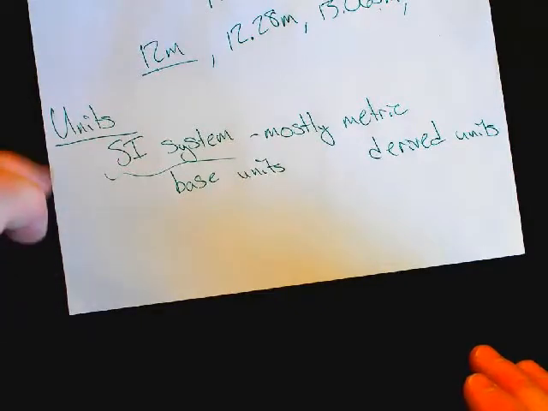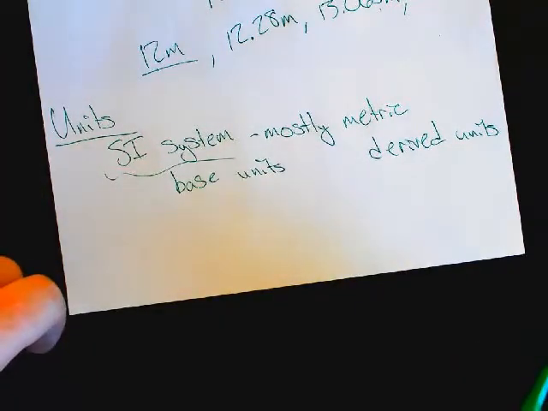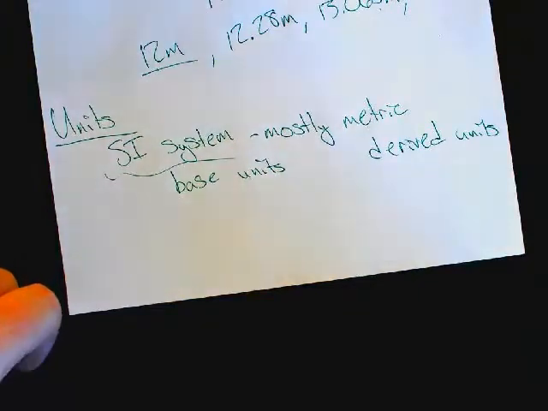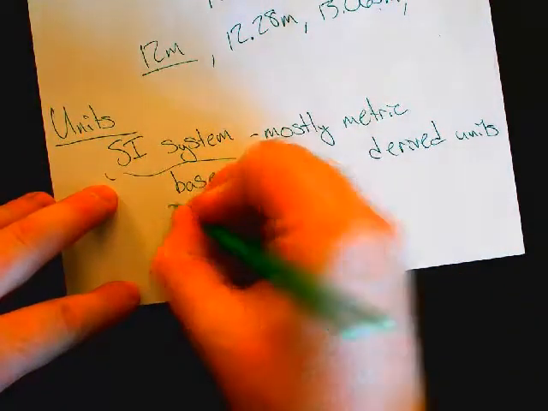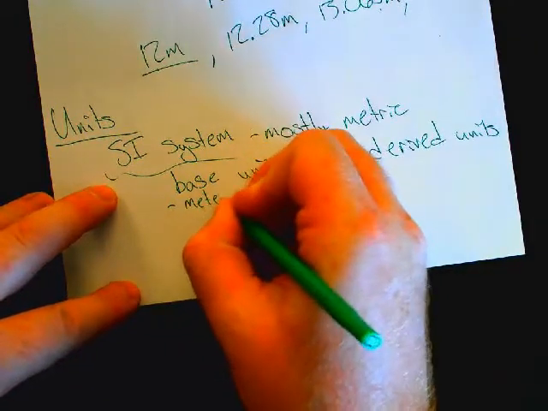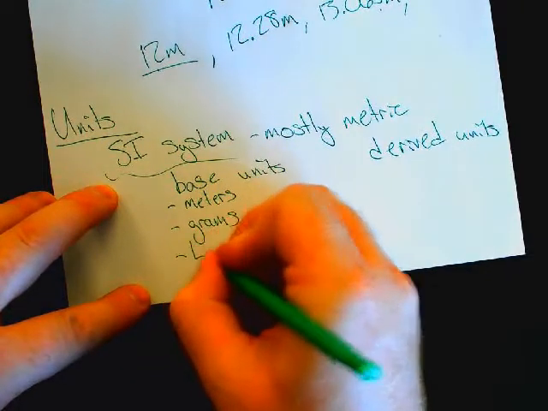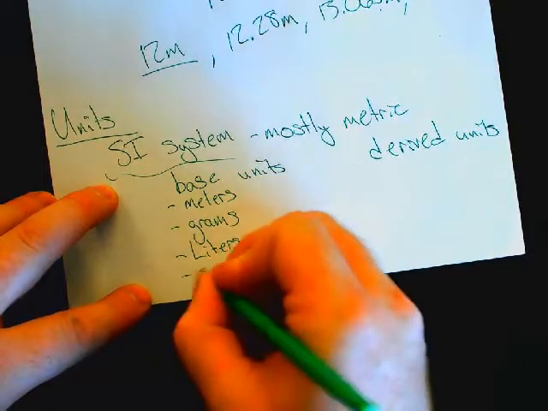Go ahead. Yeah. Meters, grams, degrees, seconds. Any of those are base units. A base unit's any unit that just measures one property. So meters, grams, liters, seconds.